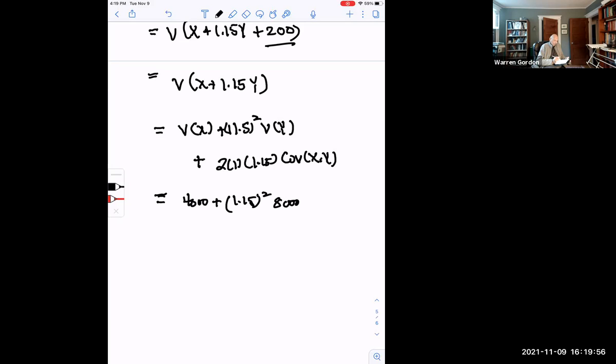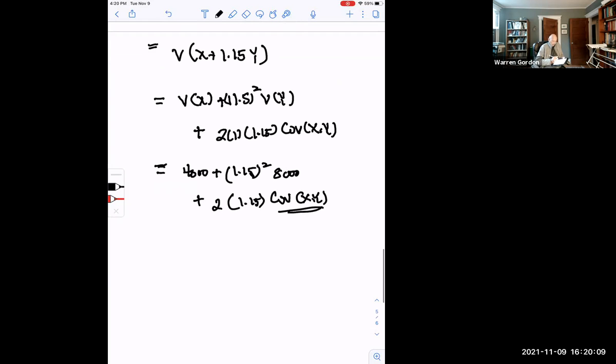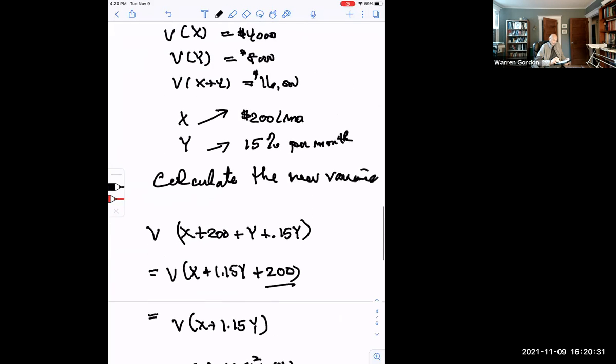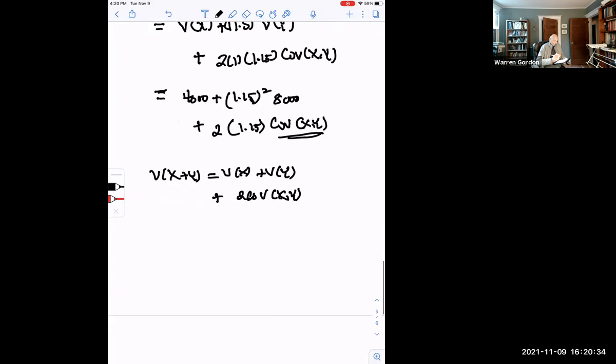But what we don't know is the covariance of X, Y, but we could find that. How? We know that V of X plus Y is equal to V of X plus V of Y plus 2 times the covariance of X and Y. Well, V of X plus Y we were given as 16,000.